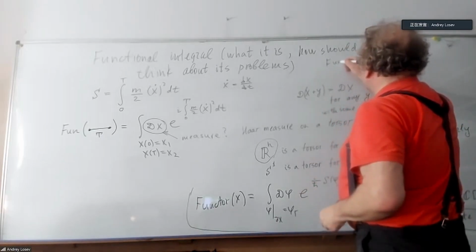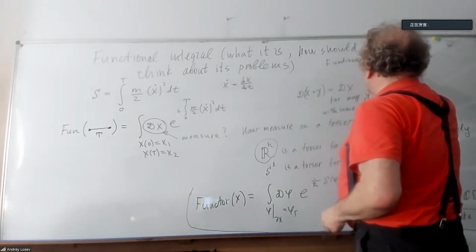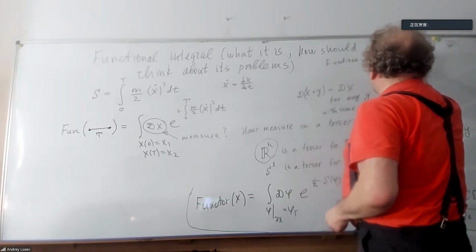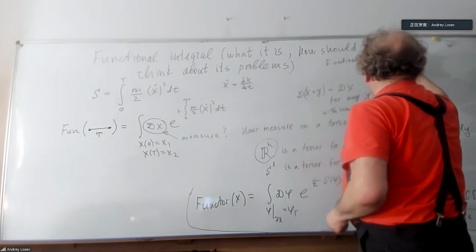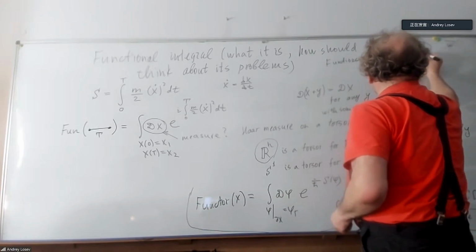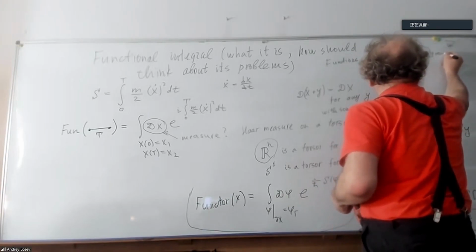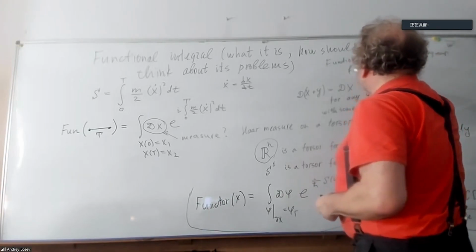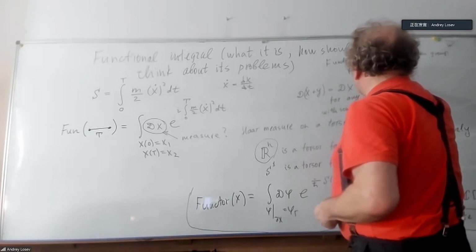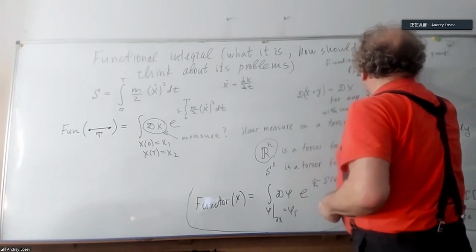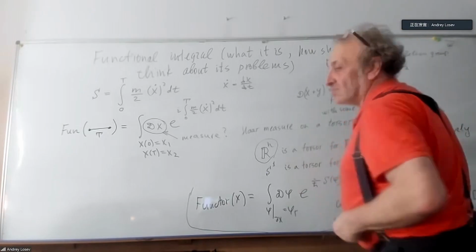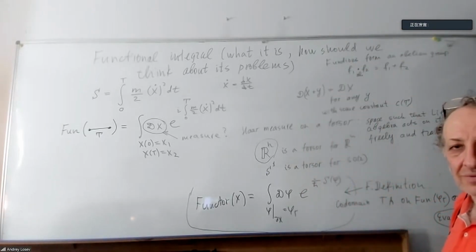So functions form an abelian group, where the product of F1 and F2 is F1 plus F2. Okay?